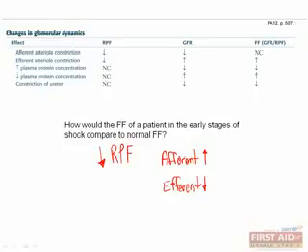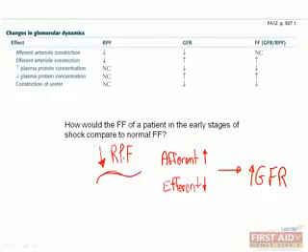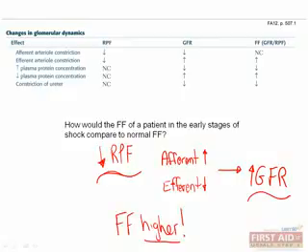This has the effect of increasing the net hydrostatic pressure gradient, which in turn raises GFR. Since renal plasma flow is decreased but GFR is increased, the filtration fraction will be higher than normal in a patient with shock.